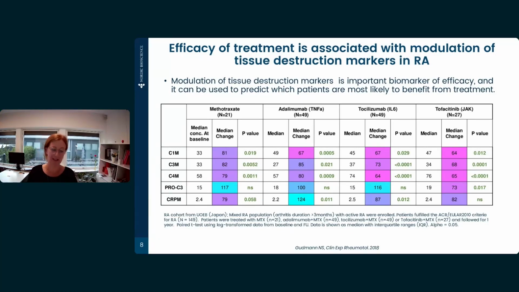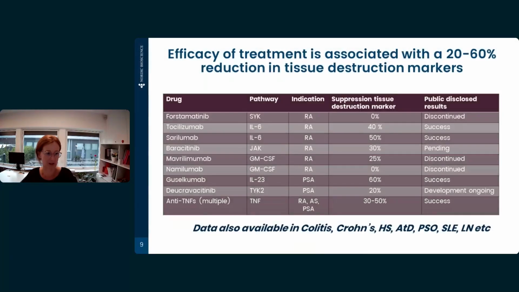That could also indicate that anti-IL-6 or tocilizumab would potentially not work in fibrosis-related diseases. But of course, it's not up to us. It's a nice way to see that by measuring what's going on in the tissue, we can get an idea of how the different drugs affect these tissues. So it's a proxy for doing a biopsy, for example.